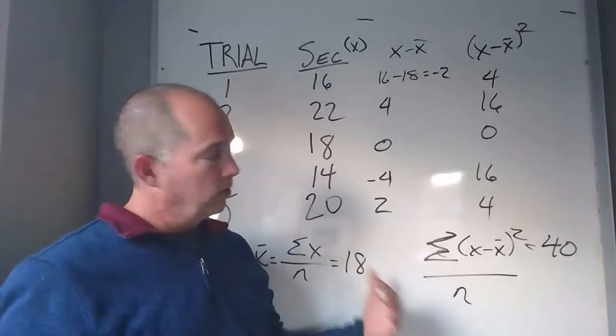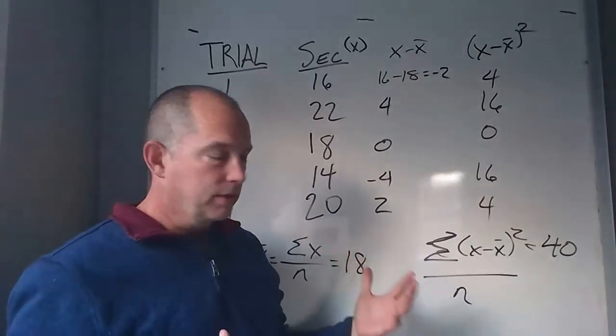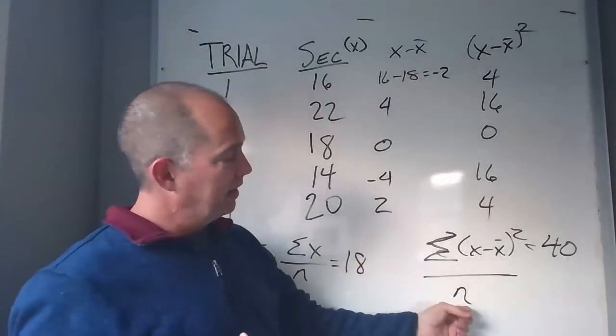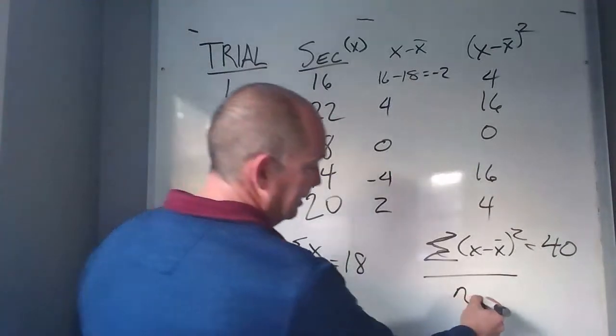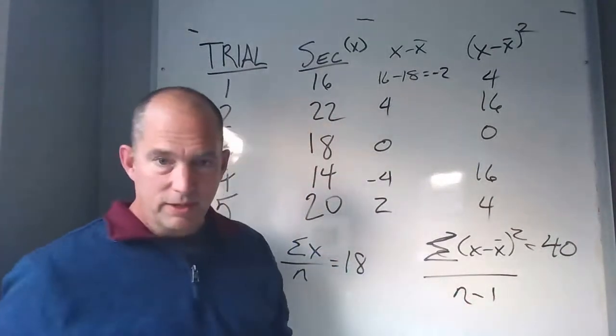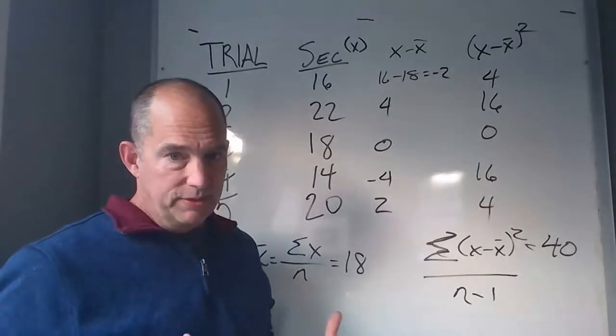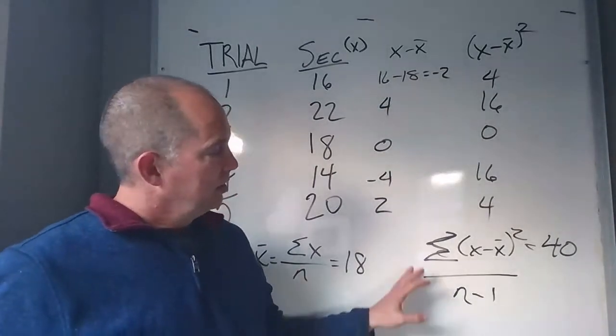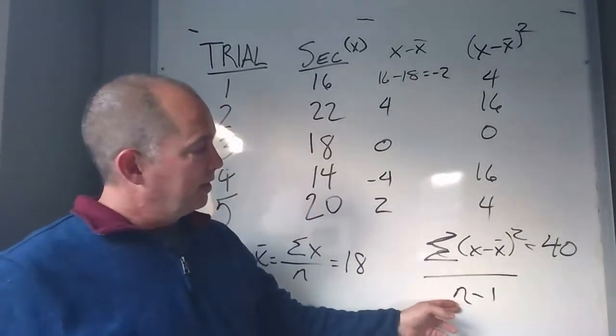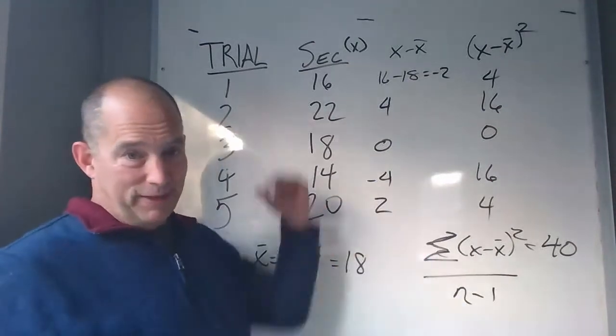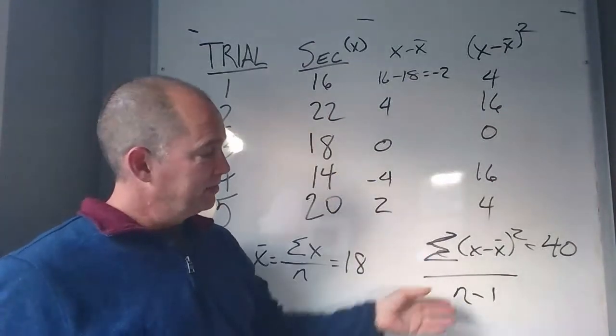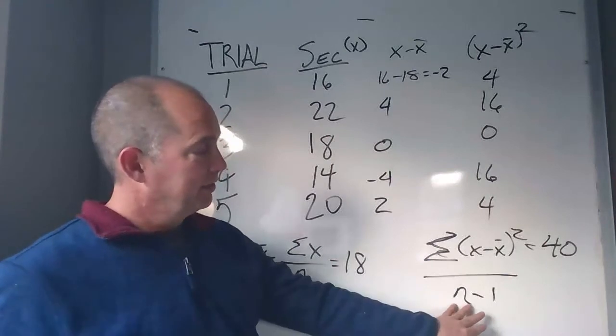So to accommodate our uncertainty, instead of dividing by n, we're going to divide by n minus 1. This is a term called degrees of freedom. And when I take 40 and divide it by n minus 1, well, n is my sample size, so I've got 5 observations. N minus 1 is 4.